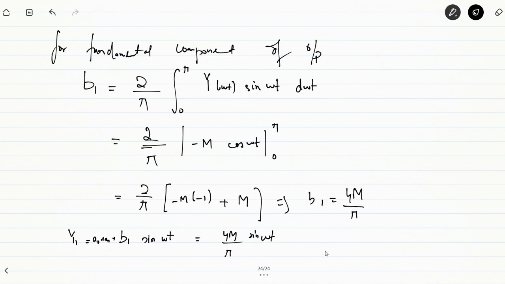And if you want to find out the phase of this system, phase you know is tan inverse of a1 by b1. Since a1 is 0, this will be simply equal to tan inverse of 0.